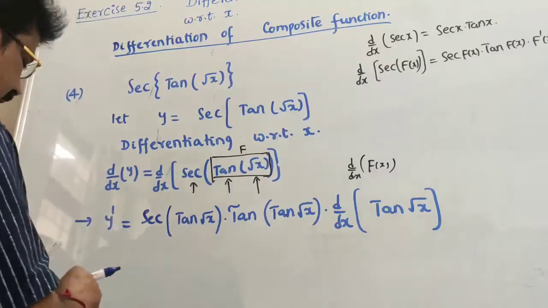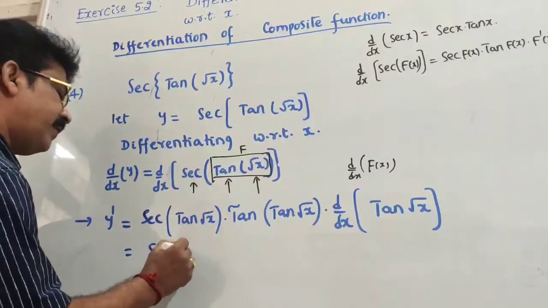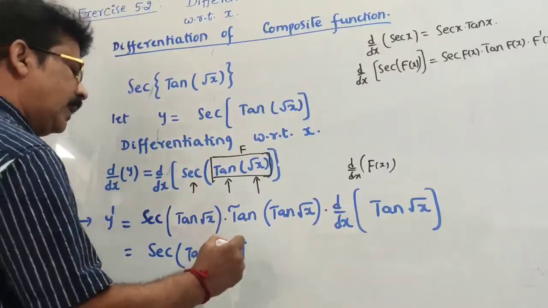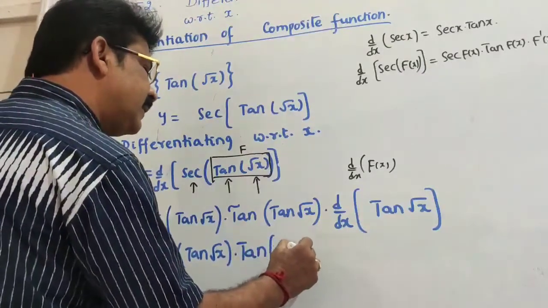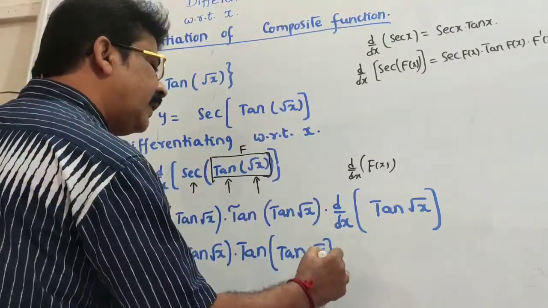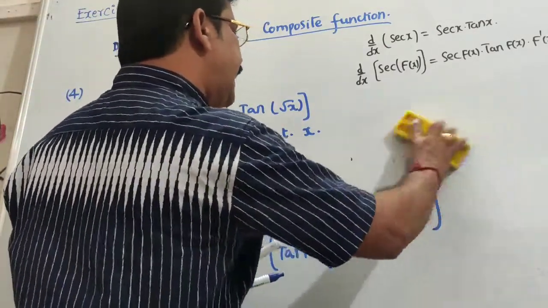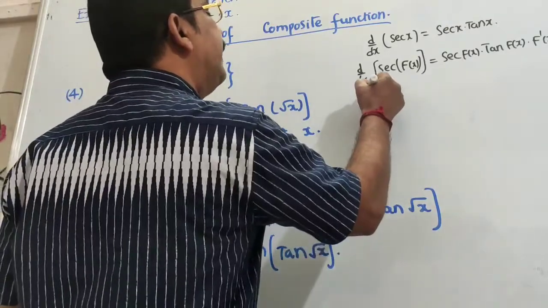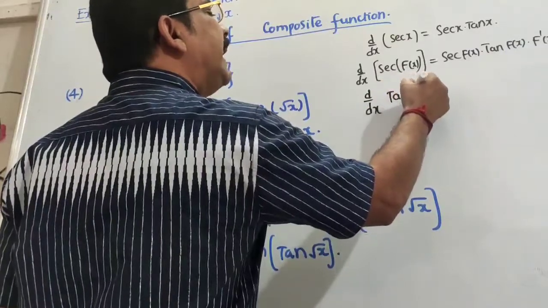Next, so that is equal to, it is the same, secant of tan root x into tan root x into again d by dx of tan of f of x. Tan x derivative is what?